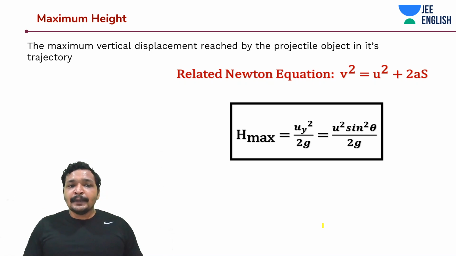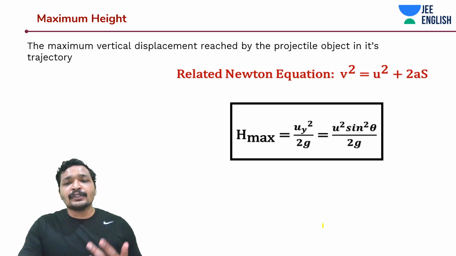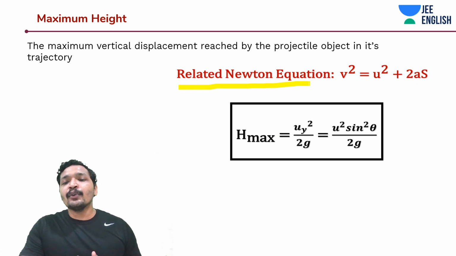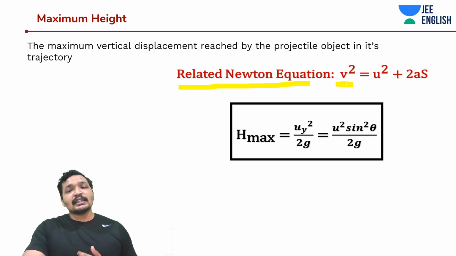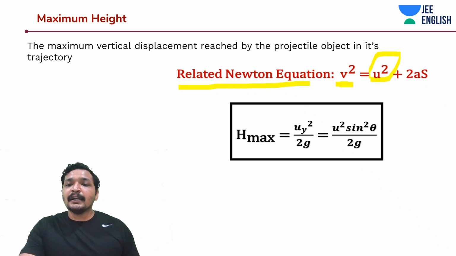So how do we calculate the maximum height? We'll simply use the third equation of motion along the y-axis, where I know that along the y-axis the final velocity has become 0. And we know the initial velocity, which is nothing but u sin theta, so uy is equal to u sin theta.